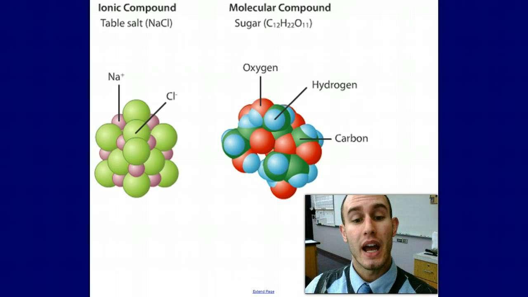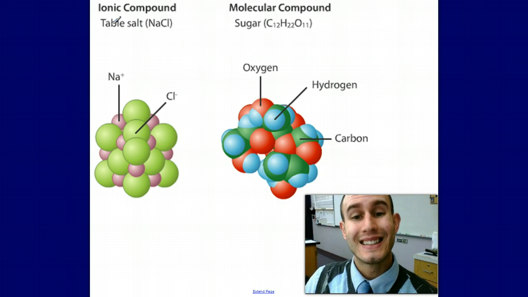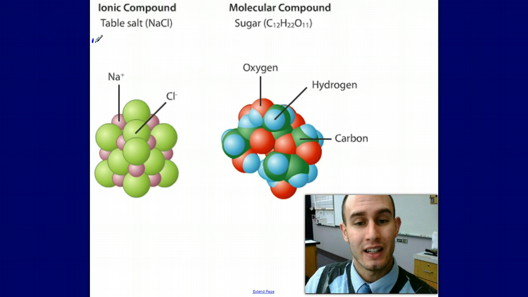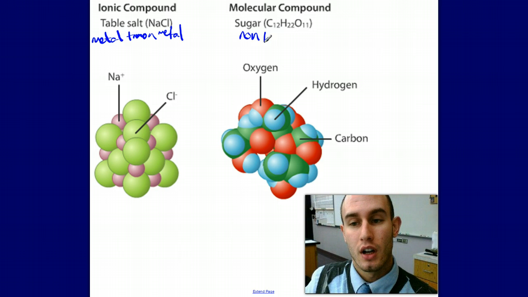Again, I'd like to compare a little bit more here between ionic compounds and molecular compounds. Table salt or any other salt, and a salt is basically going to be, any ionic compound, again, is a metal plus a non-metal. And a molecular compound here is basically a non-metal plus a non-metal.